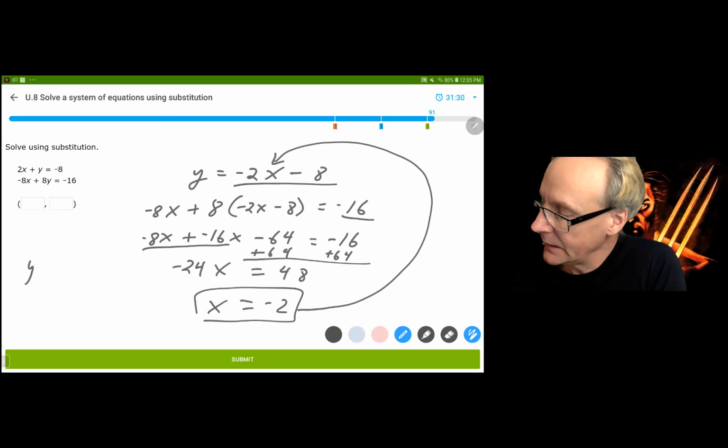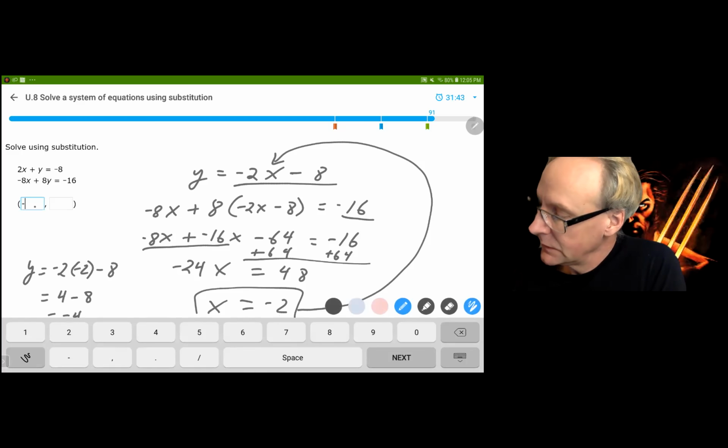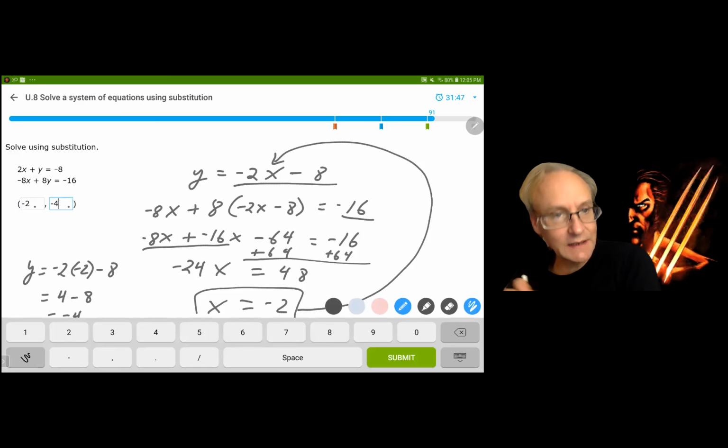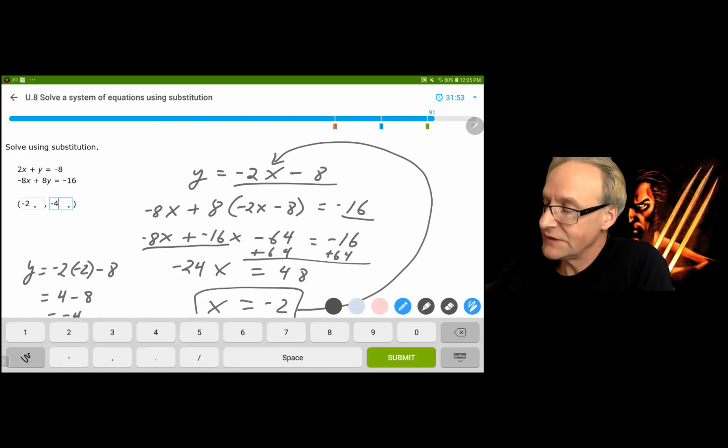If I do y equals negative 2 times x minus 8, hopefully you can see that if I put a negative 2 in there, I'm going to have 4 minus 8, which is negative 4. So negative 2, negative 4. Now let's test it in the second equation. You can do the first equation too. It's not that hard. 2 times negative 2, negative 4 plus negative 4 is negative 8.